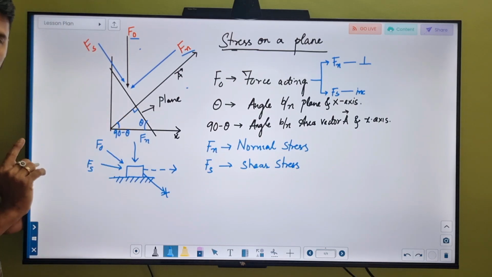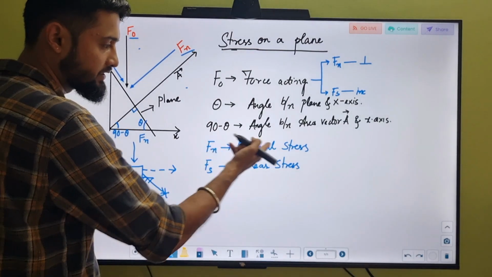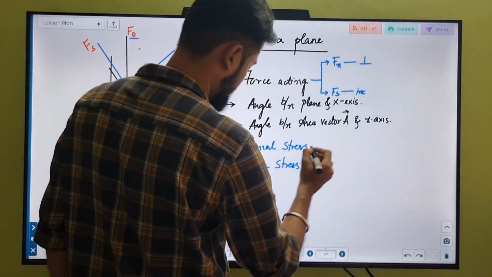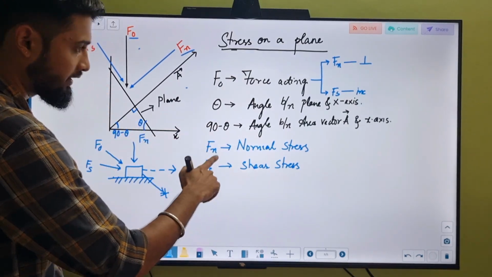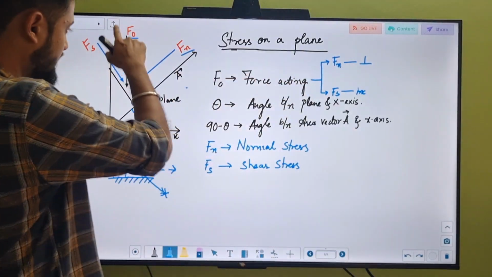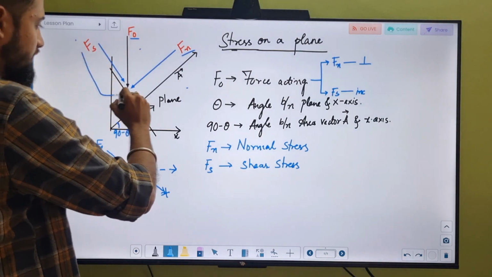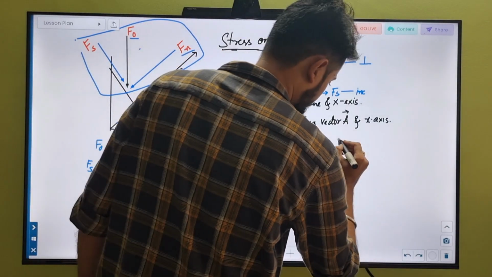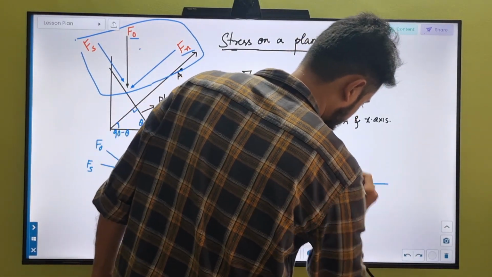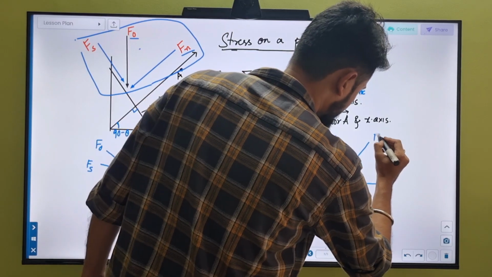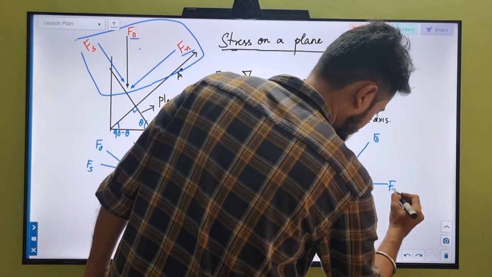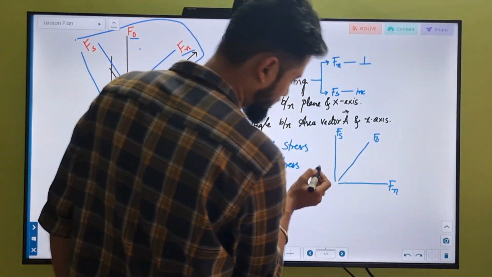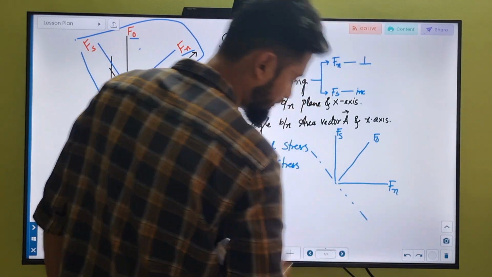So this we have plotted here. Fn is the normal stress and Fs is the shear stress. If I draw the diagram for this part, this is F naught, this is F normal, and this will be Fs, and the plane will be somewhere here.